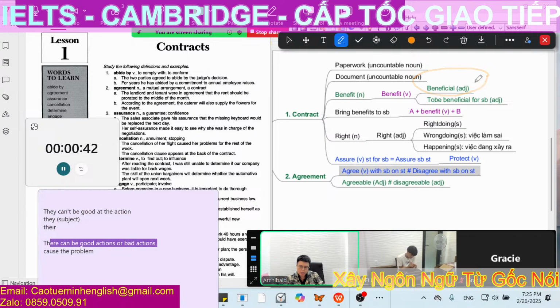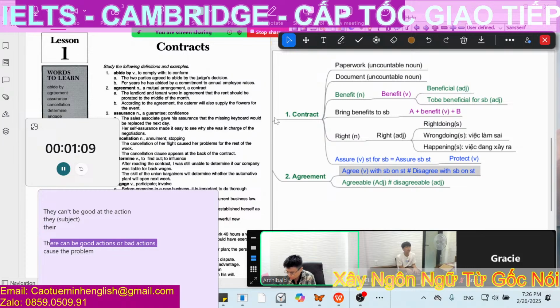All right, so here, Bill, what do I mean by saying the contract is very beneficial? What do I mean by saying the contract is very beneficial? Let's go, Bill. Because when you have a contract, it's the same as you are having evidence of your rights.